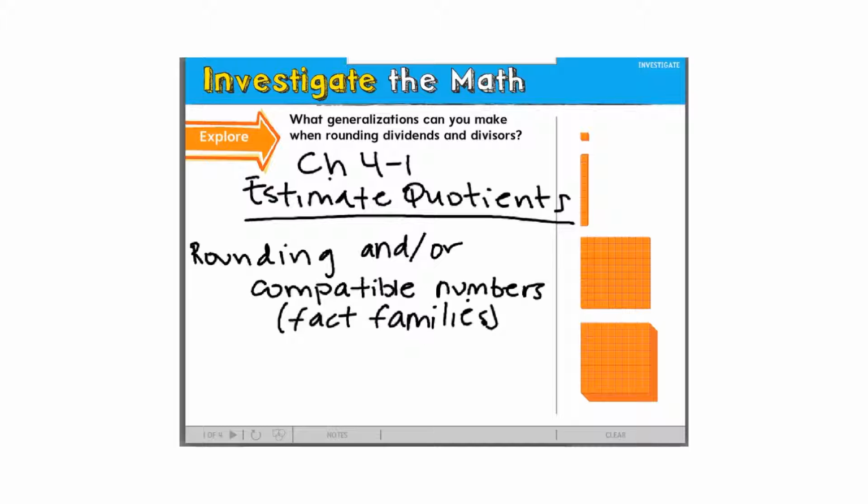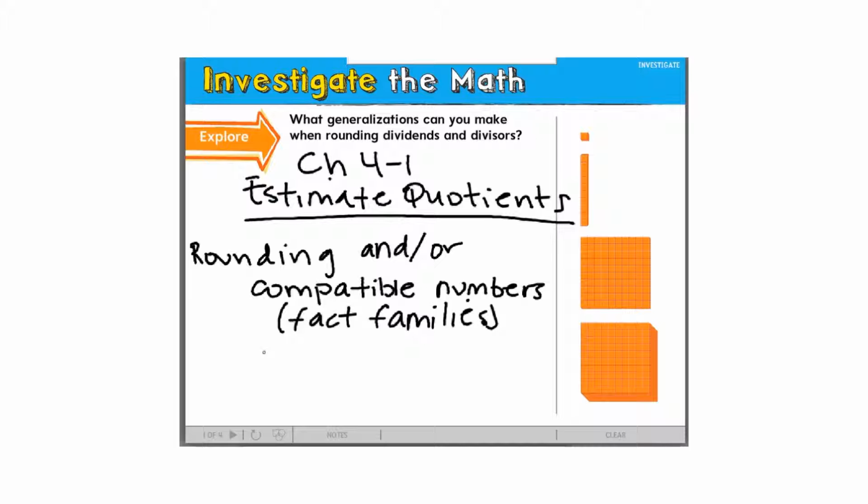You're just looking at the basic fact piece of it, and then you're going to worry about the zeros later. So we've done a lesson that's very, very similar. Once we start doing some examples, I think you're going to remember how we've already done this. Just bigger numbers. This word is compatible: rounding and or compatible numbers or fact families.